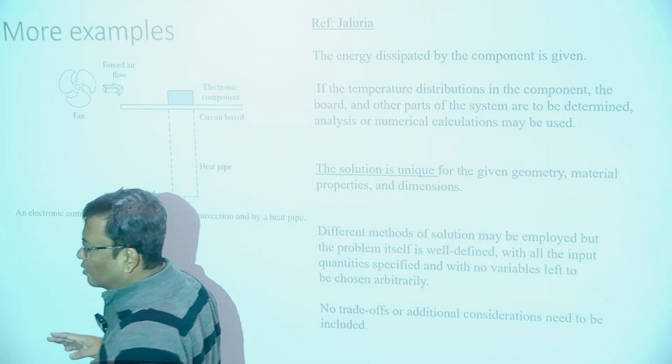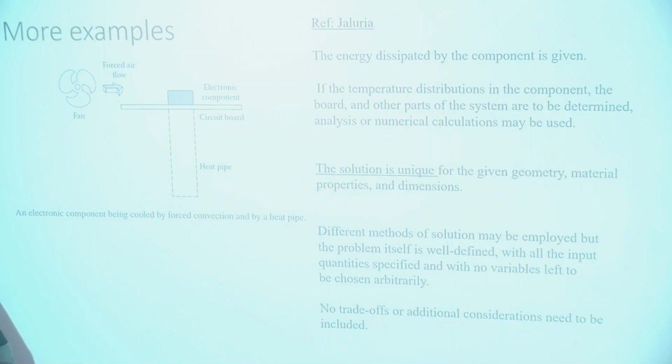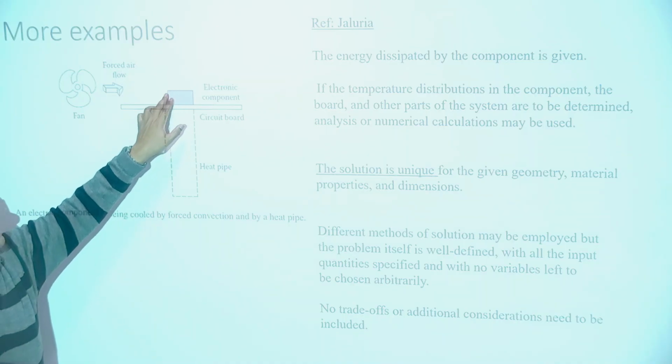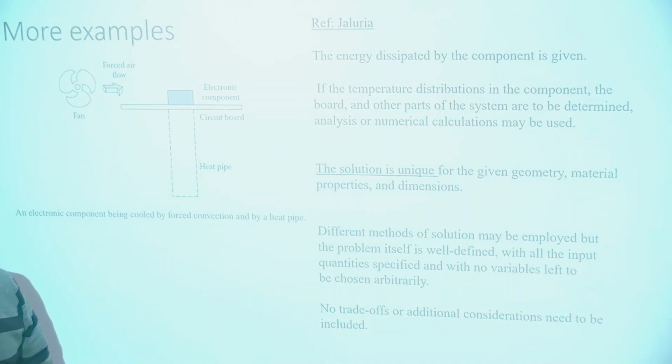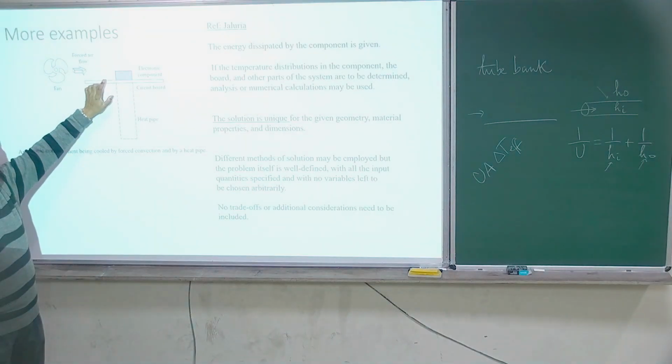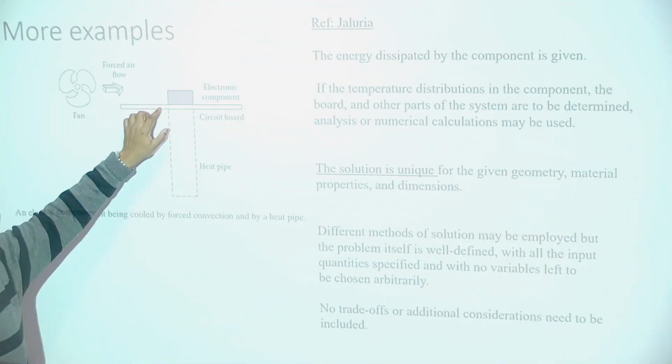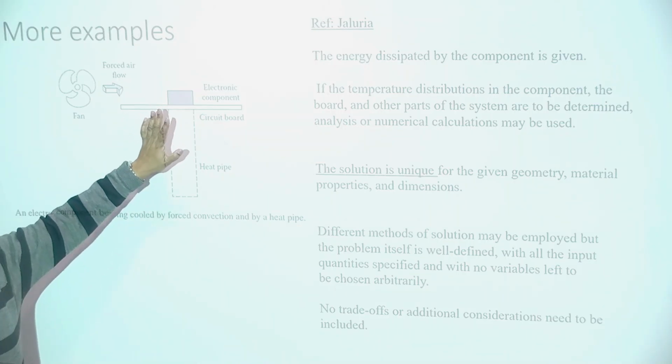This is the sort of thing which you have seen in convective heat transfer. There, you maybe didn't have a component like this. Maybe it was just flow over a flat plate. This is a more difficult version of external flow.